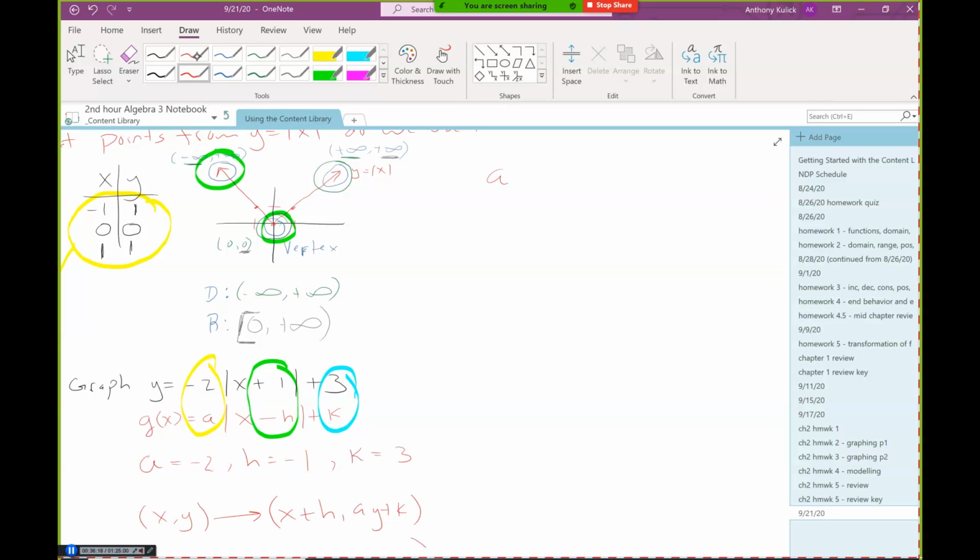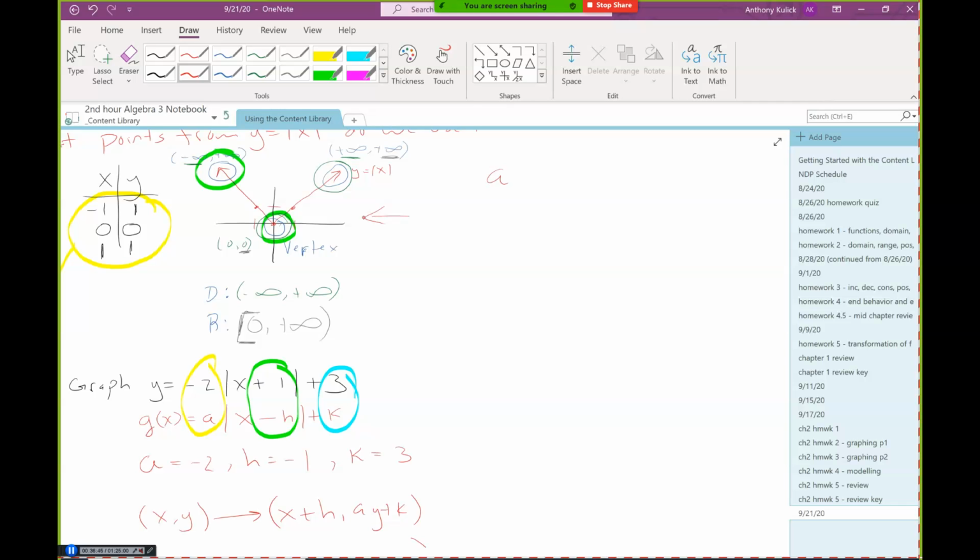Which A, H, or K is going to control which way the graph is going to open. So if this is our original here, if we reflect it, what's it going to look like? A wedge, right? Everybody agree with that?